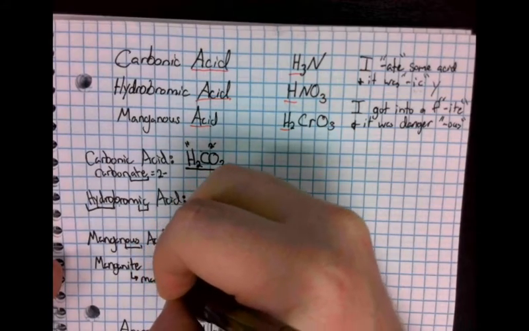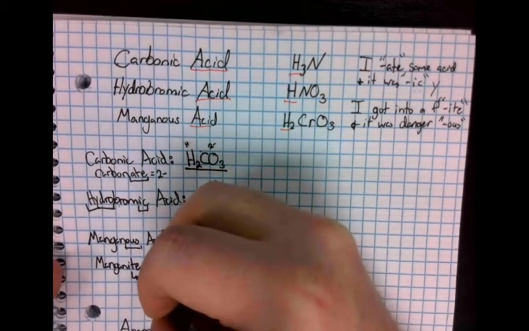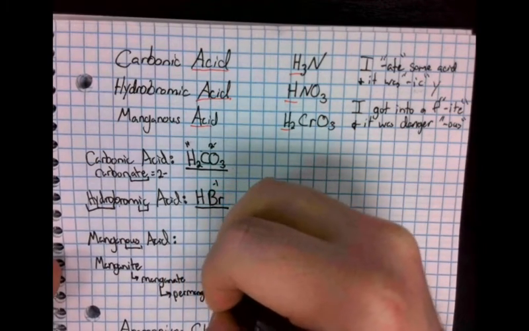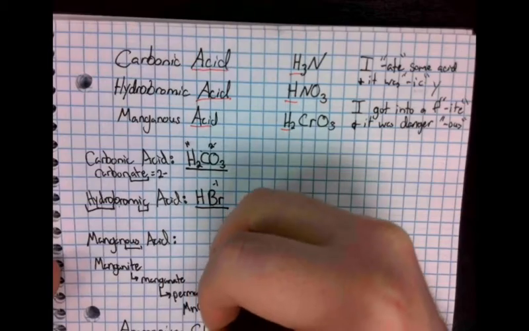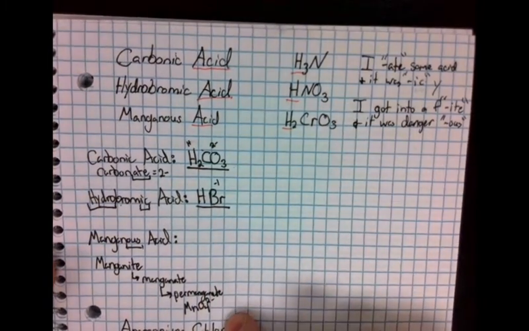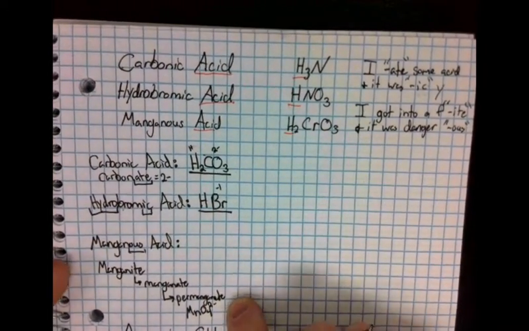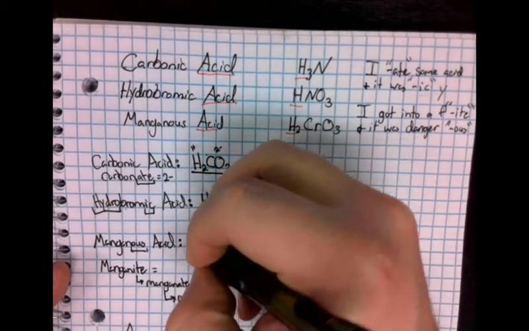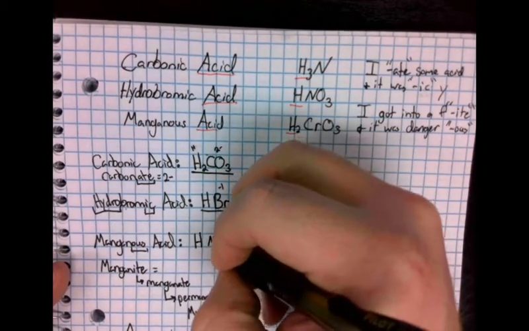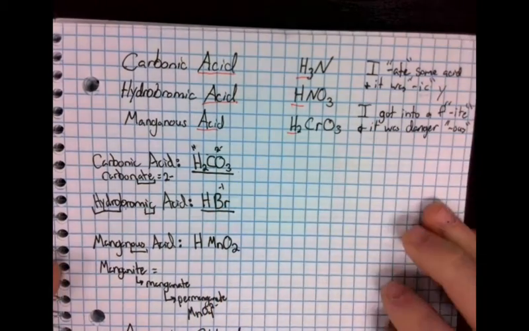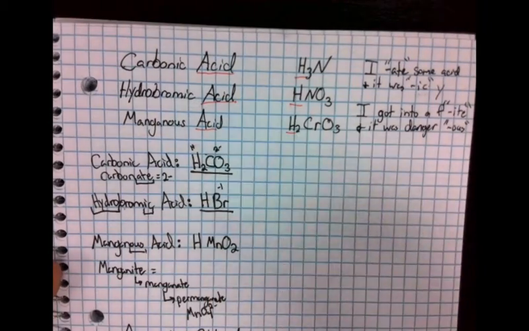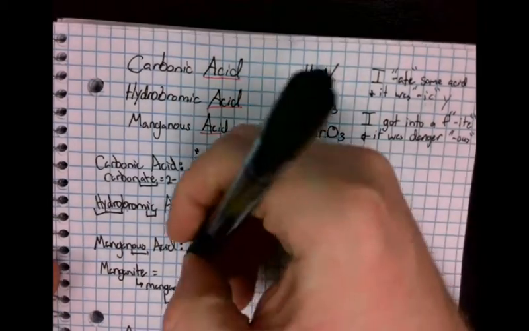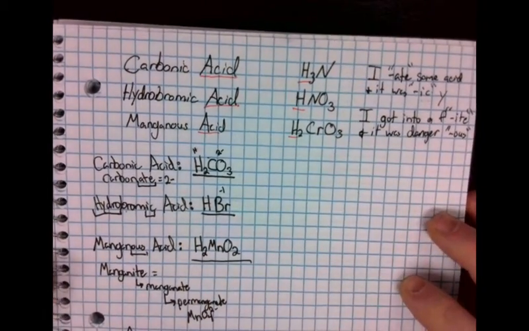Now, this was a really hard one because on your polyatomic sheet, it actually has permanganate, which is MnO4 with a 2- charge. Permanganate has 4 O's. That means manganate would have 3 O's. That means manganite would have MnO2. It would only have 2 O's. It would still have a 2- charge, which means we would need 2 H's. And there we would have manganous acid.